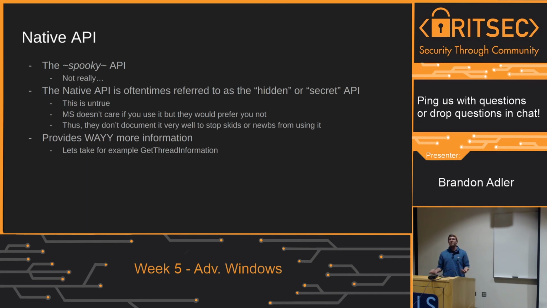And they kind of back that up by saying, well, the native API could really change at any point. And it could. So they give users a nice, stable interface to develop code upon. And exactly, they don't care if you use it, but they would prefer you not. Developers should be using the Windows API, and they don't document the native API, and it provides way too much information.